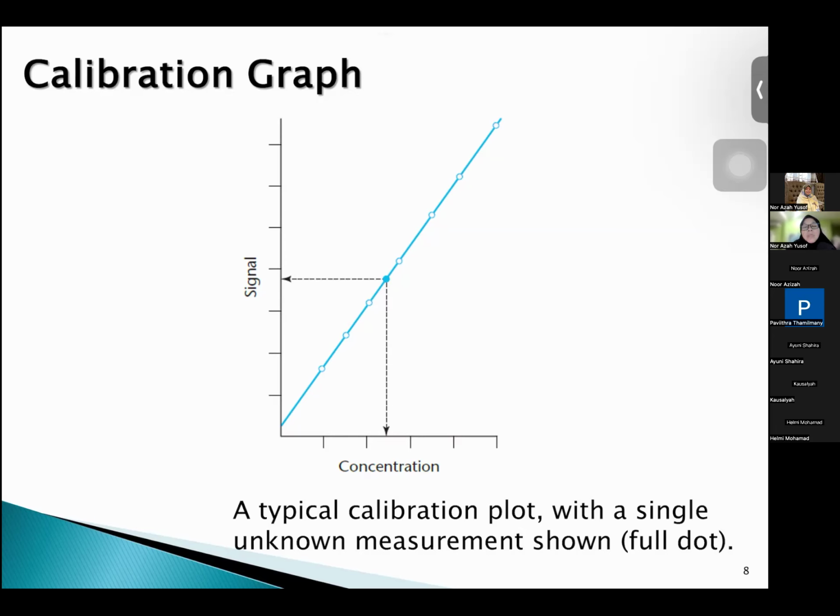So we are used to y and x. y will be the dependent variable, dependent on x.